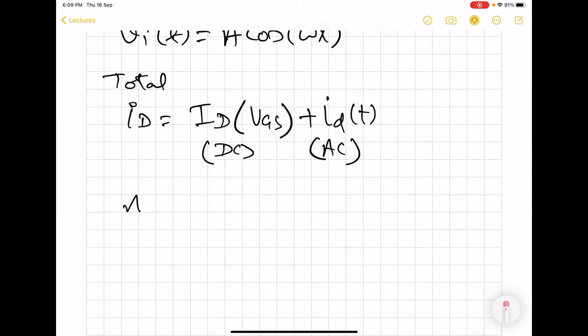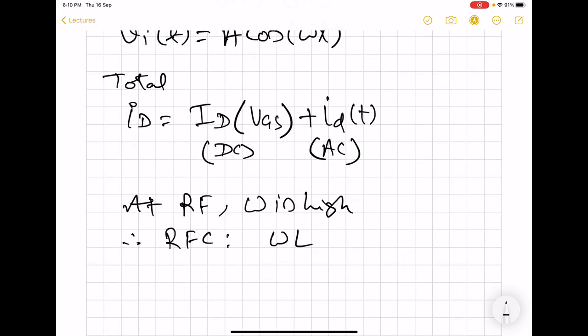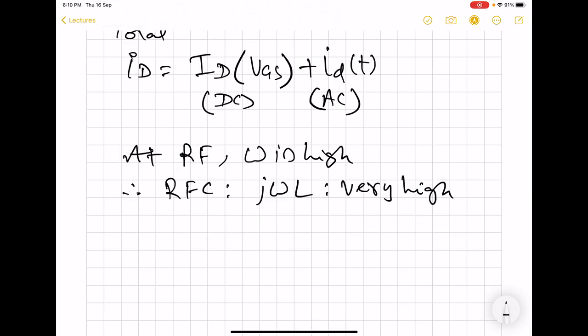At high frequency, at RF, omega is high, therefore RFC, whose reactance is going to be j omega L, is going to be very high, and hence this will act like an open circuit.